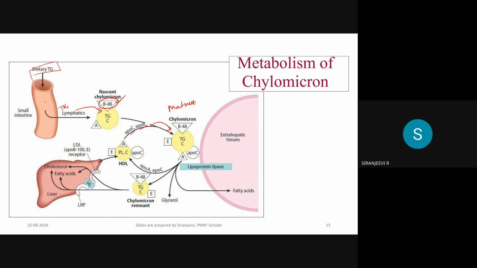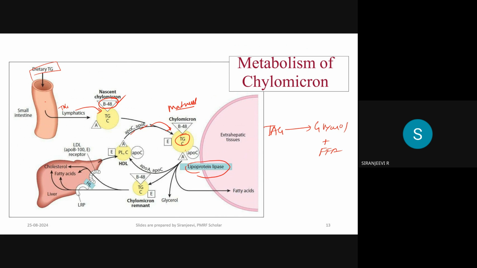This mature chylomicron goes to the extrahepatic tissue, where, due to ApoC and then ApoE, it can activate the lipoprotein lipase in the extrahepatic tissue. When the lipoprotein lipase is there, the triacylglycerol content is converted to glycerol and then free fatty acids. So this is done by the lipoprotein lipase.